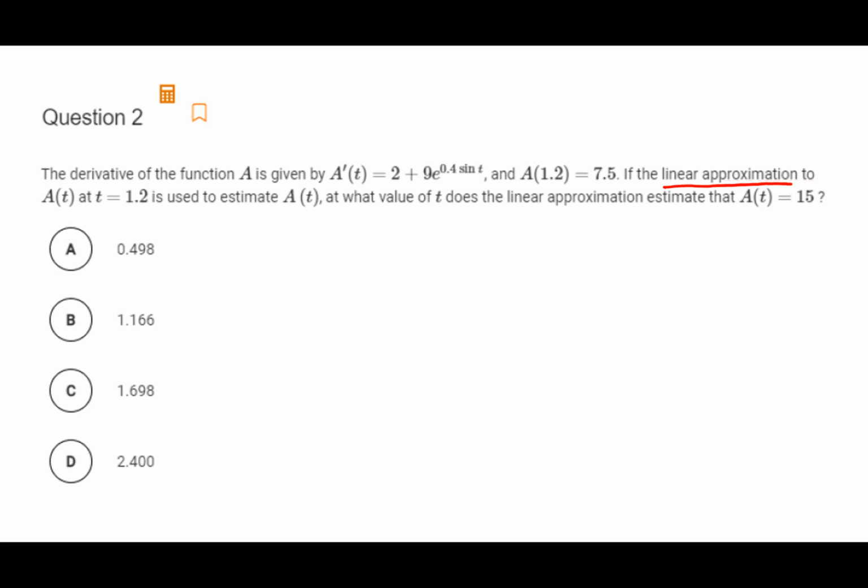So again, we have to use that linearization formula. So A of t linearly approximated is A of 1.2 plus A prime of 1.2 times t minus 1.2. Again, linear approximation, you need to make sure you know that formula.